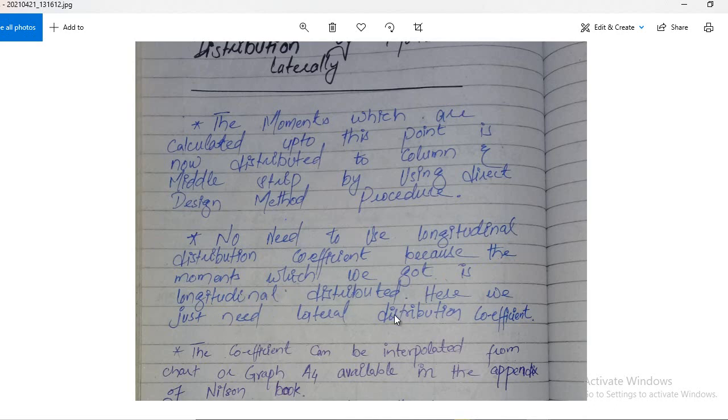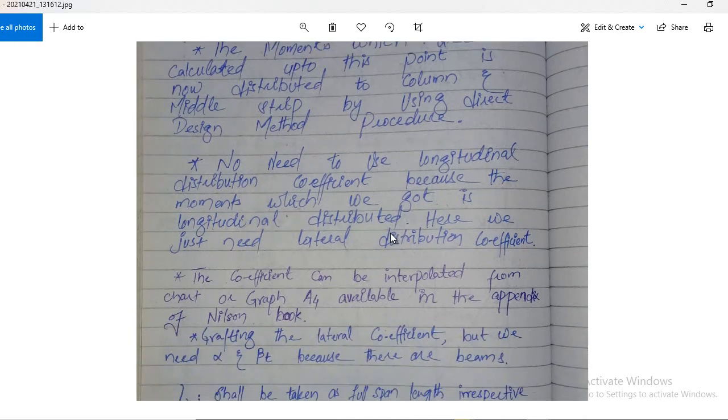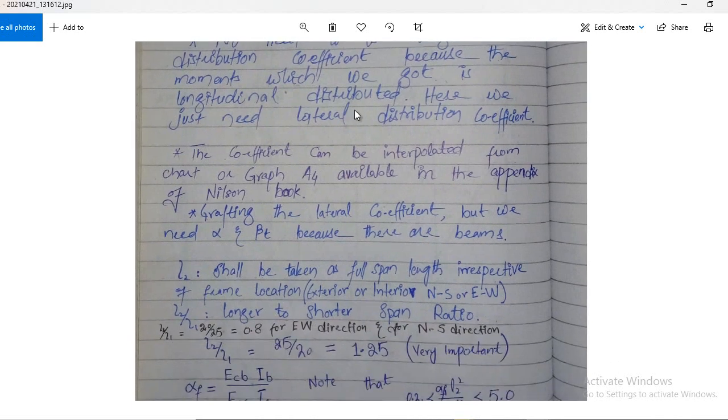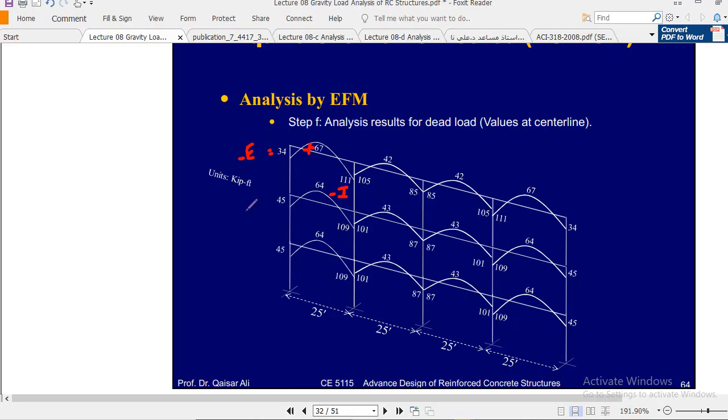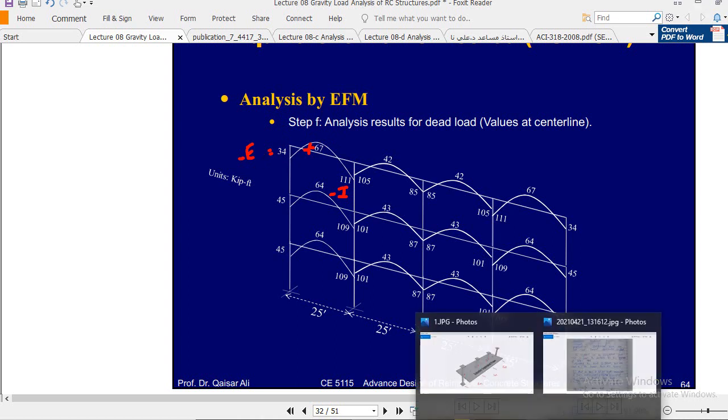Here we just need the lateral distribution factors. We don't need to use 65% and 35%. We just need to distribute these longitudinal moments in the lateral direction. Clear? This is basically what I mean.